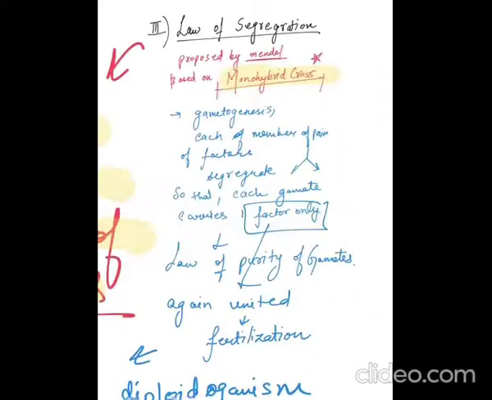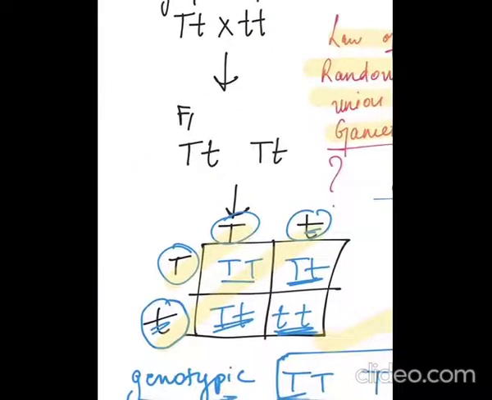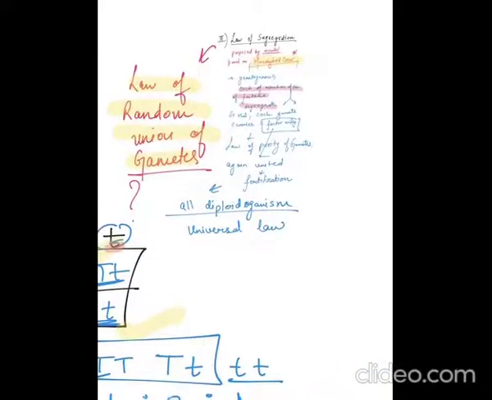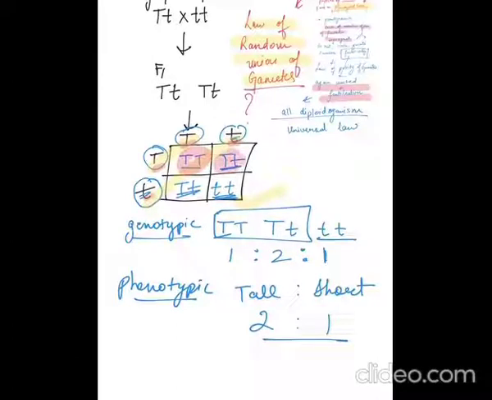So we studied in our rule that each member of the pair of factors segregate. Here every gamete was segregated from each other, and then they were again united after fertilization.